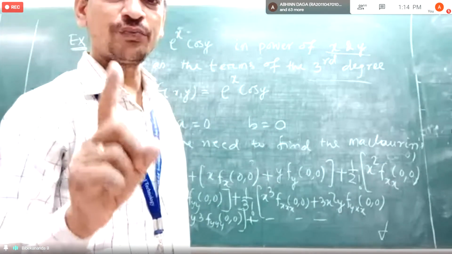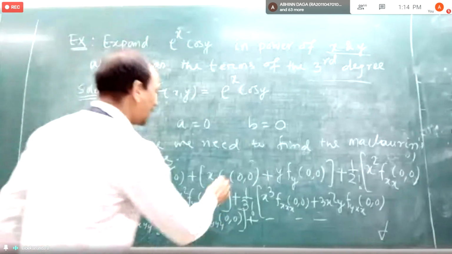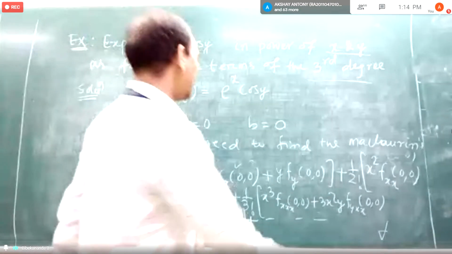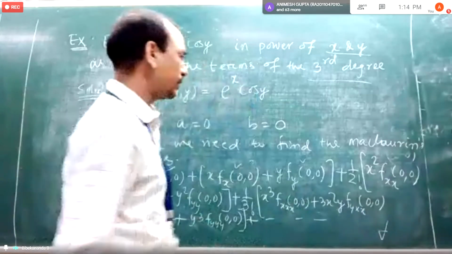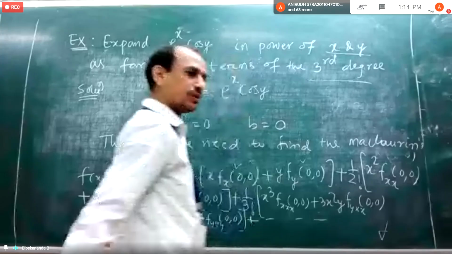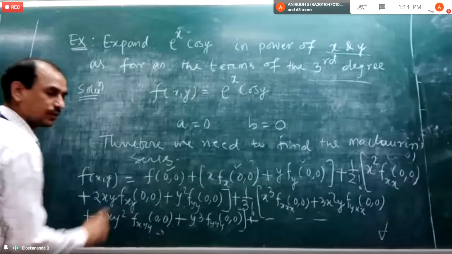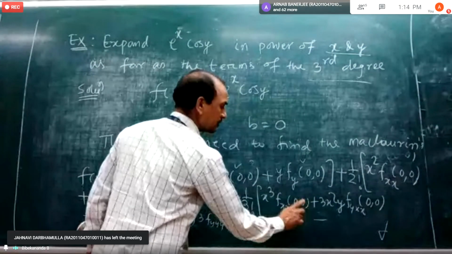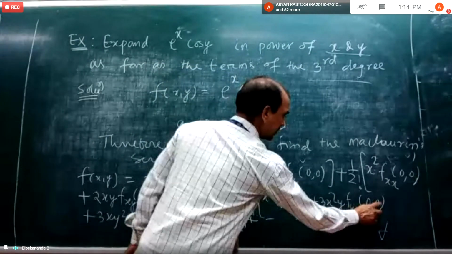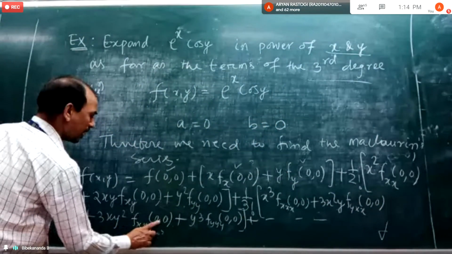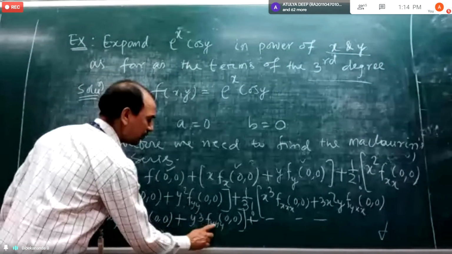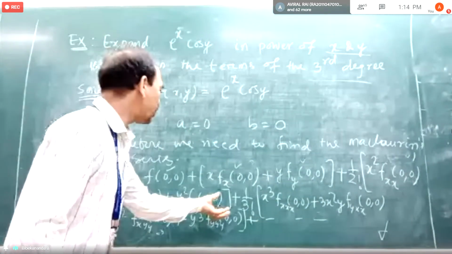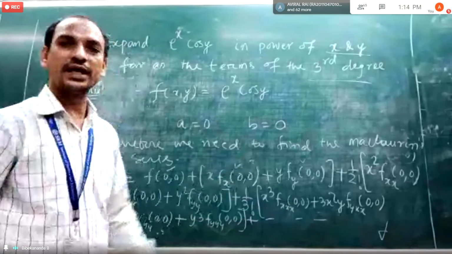Then second one is f_x at 0, 0, and f_y at 0, 0, f_xx at 0, 0, f_xy at 0, 0, f_yy at 0, 0, f_xxx, f_xxy, f_xyy and f_yyy at 0, 0. These are the things you need to find. After finding those values, you put in this formula and you get the answer.